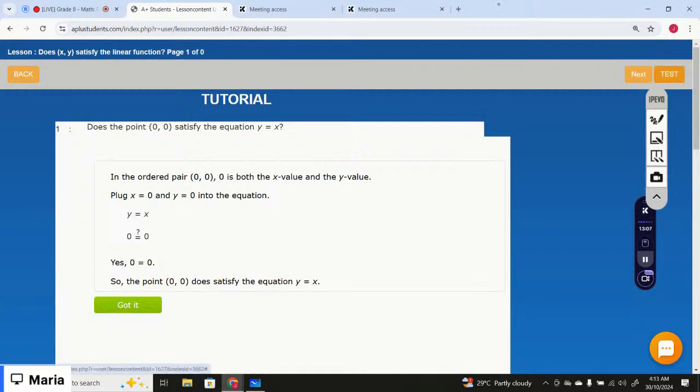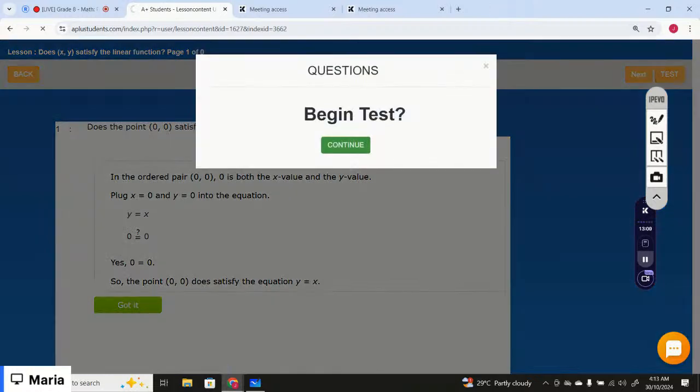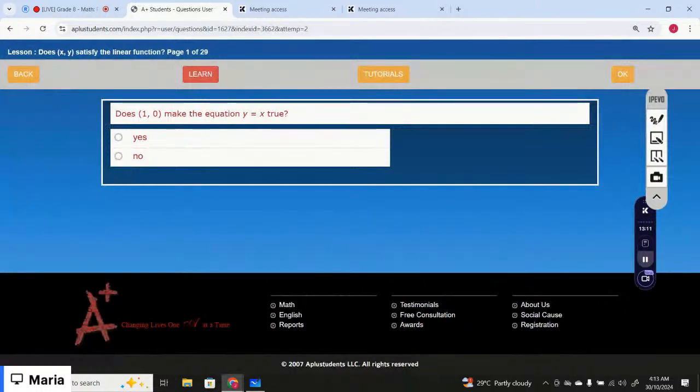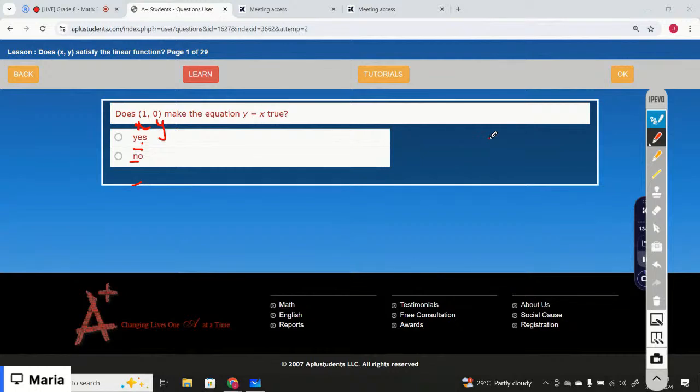Let's just start with the test questions. Does 1, 0 make the equation y equals x true? So x is 1 and y is 0, right? The equation is y equals x.